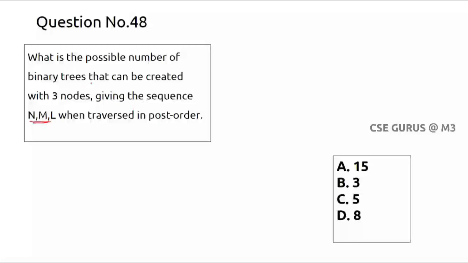How many binary trees? So here I have given a list. Whenever it is a post order sequence, the last element must be the root node, right? Keep L first, and the left node is N, the right node is M. This is one basic option. Next I can take L followed by M followed by N. In this case also N will come first, then M, then L. This is also fine. And I can write L, M, then N. This is also fine.